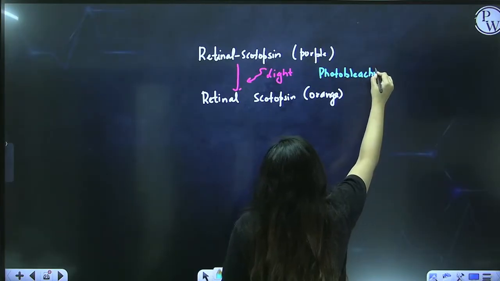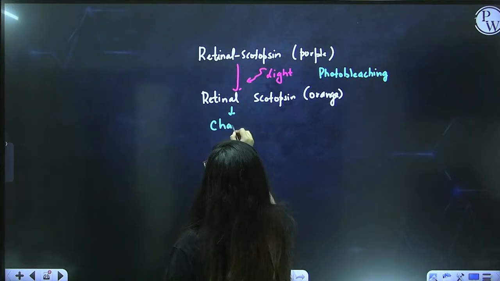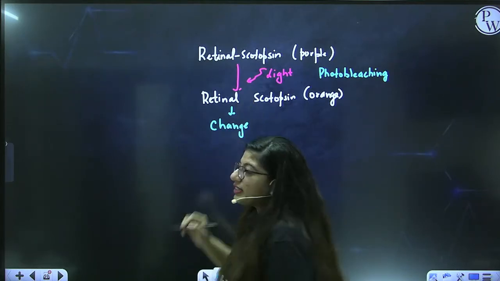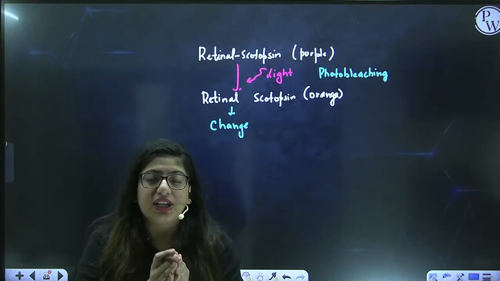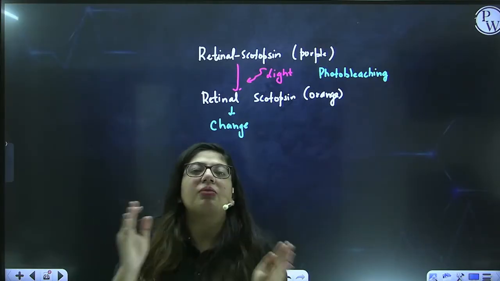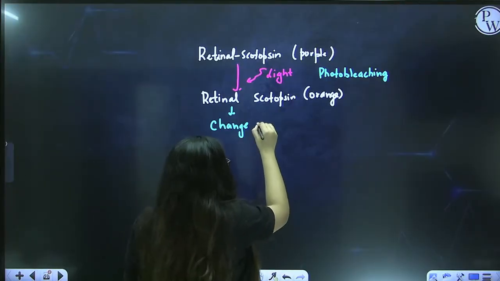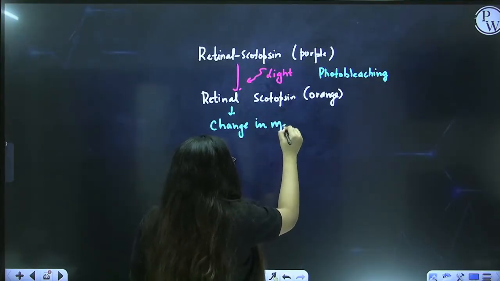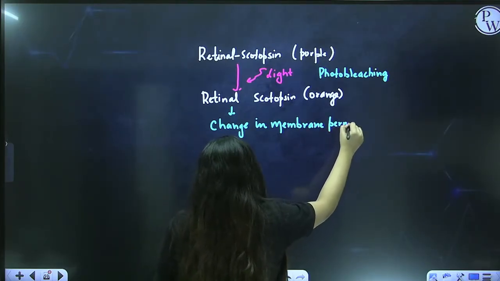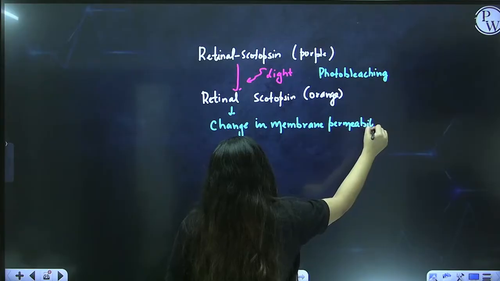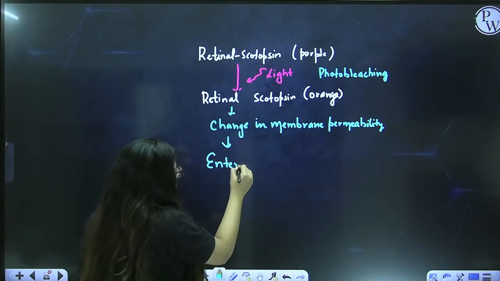Now, if they have been dissociated, this will change membrane permeability. As I've told you, these pigments are present inside the membrane. This will change the membrane permeability and open up certain channels. There will be entry of sodium ions, because sodium ion channels open.